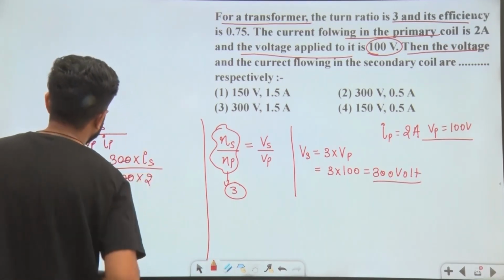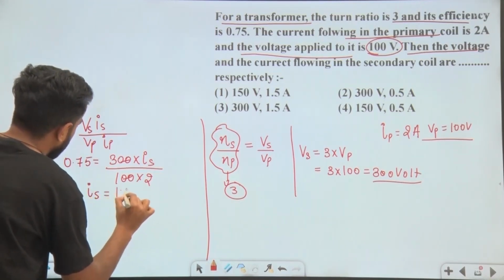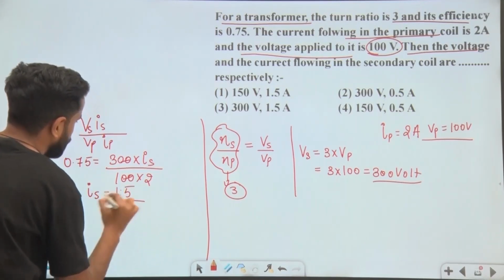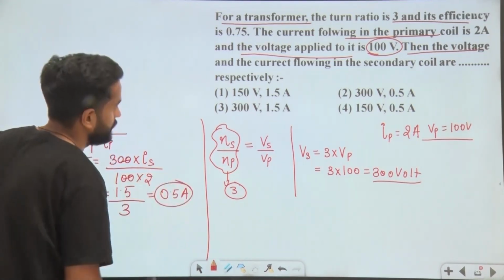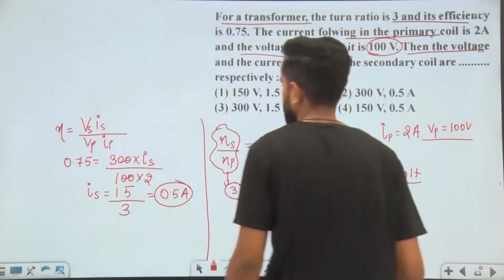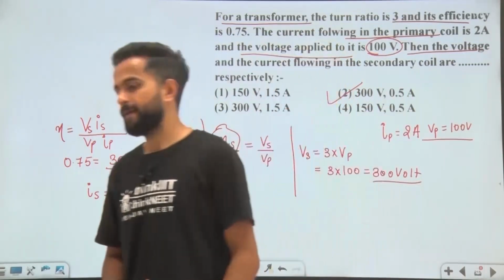So zeros will cancel out. We get Is equals to 1.5 divided by 3, which gives us 0.5 ampere. Okay, so 300 volt and 0.5 ampere. So option 2 is correct. Thank you.